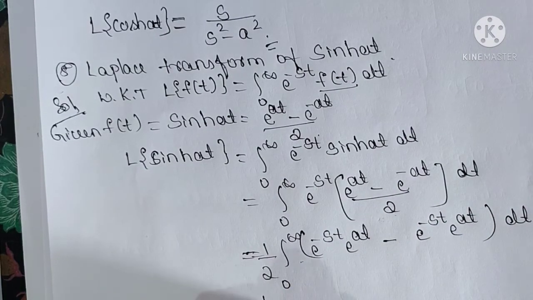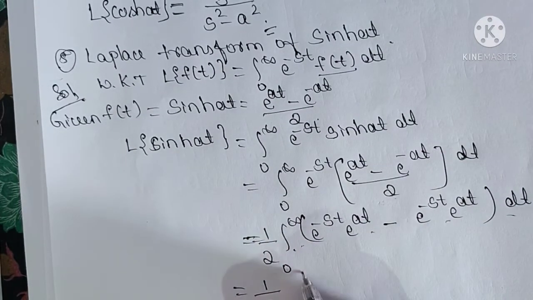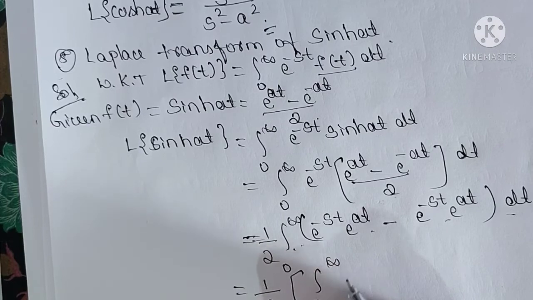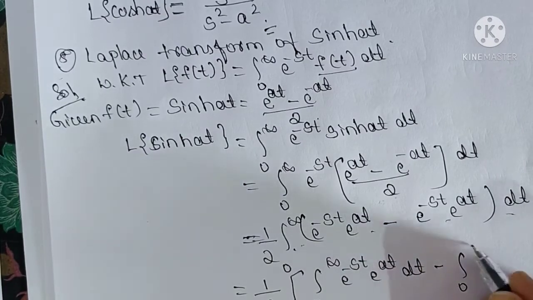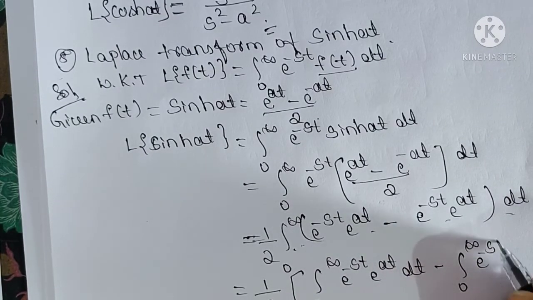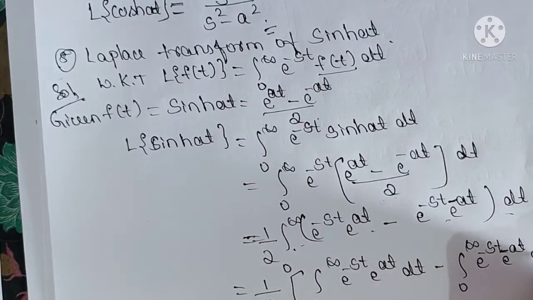Here 1 by 2 as it is. Apply the limit to both the terms: integral from 0 to infinity of e power minus st e power at dt minus integral from 0 to infinity of e power minus st e power minus at dt.